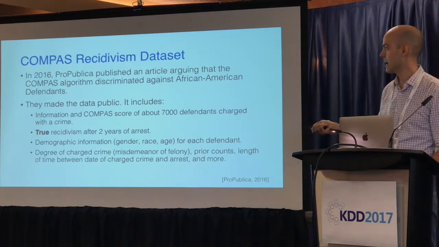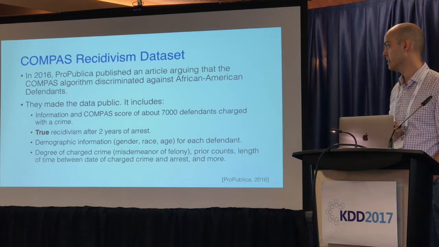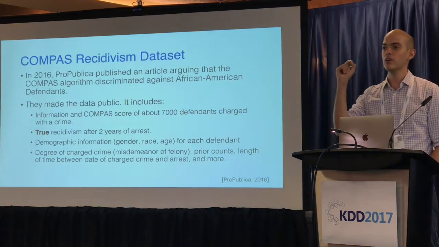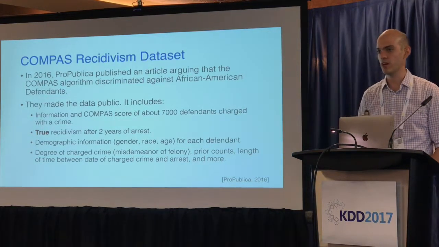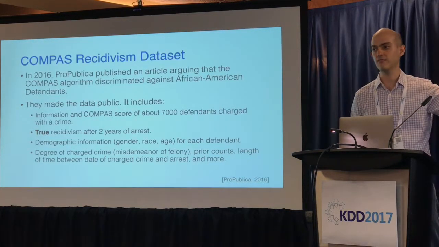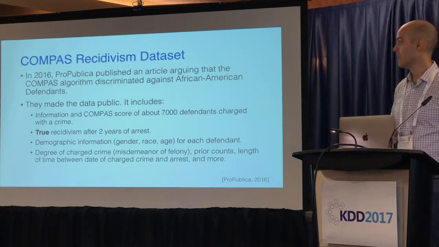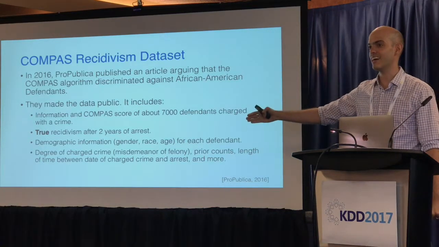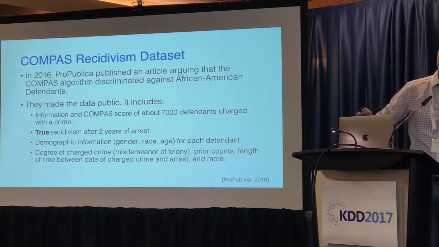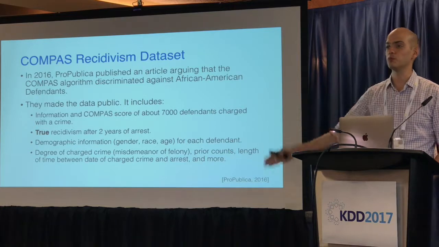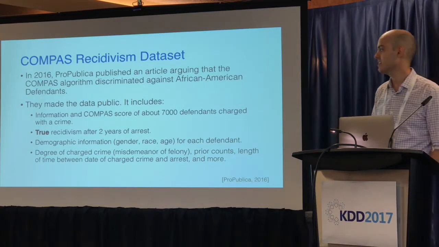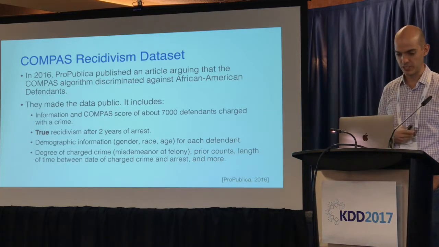So basically, they have information in COMPAS score of about 7,000 defendants. And a very important feature that they get is actually the true recidivism of each defendant or not. Basically, what that means is that you have the COMPAS score that was assigned for that defendant at the time that they were arrested. And you also have if they recidivized 2 years afterwards. So what you can use that for is to not only assess what is the distribution of COMPAS scores between different social demographic populations, but you can also see how accurate this prediction is.